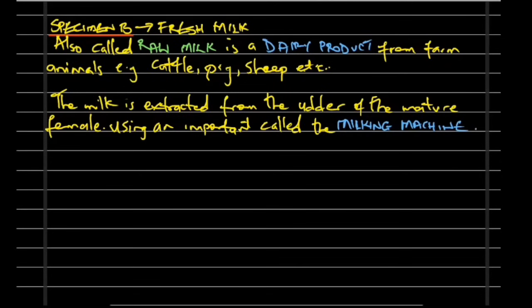Now, some of the animals are reared specifically for this. We have some animals that are specifically bred for their milk. And the milk is rich in protein as well as having a high amount of calcium.